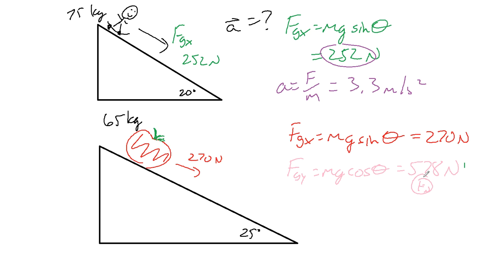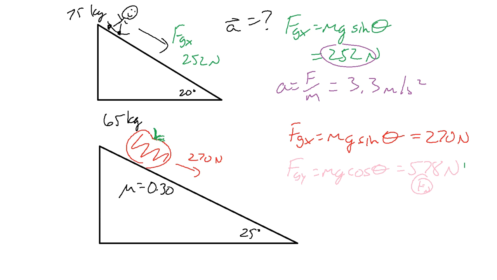This is also going to be my normal force, because that's what FGY does, it creates normal force. So what if I had a coefficient of friction? Then the normal force would give me my friction. Let's say the coefficient of friction between the giant tomato and the surface was 0.30.